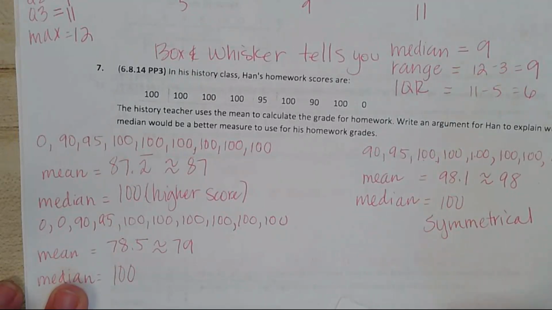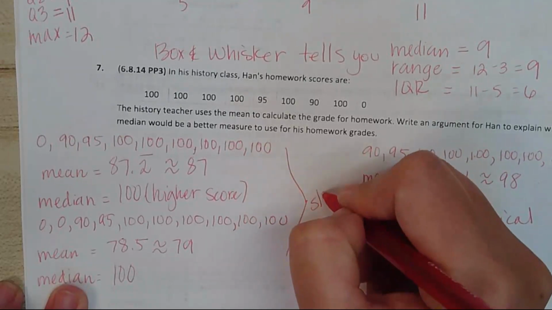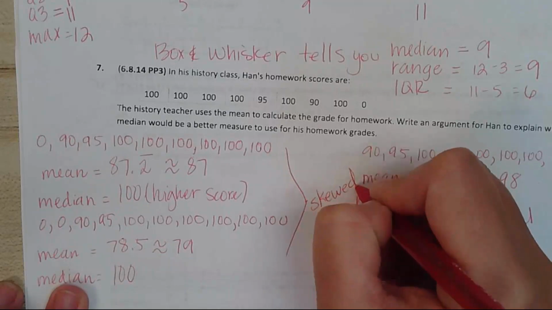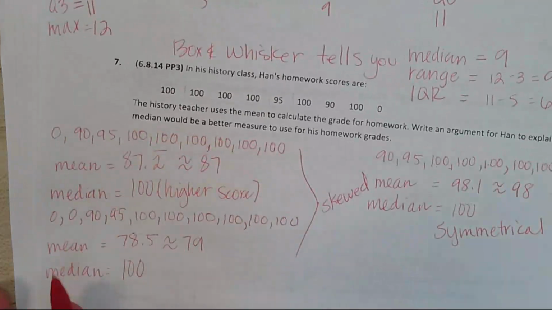So they're most likely going to be skewed. And you should be able to tell me, not only is it skewed, but what is a 0 compared to all of these numbers? What is a 0? It's out there all by itself. It's your what?